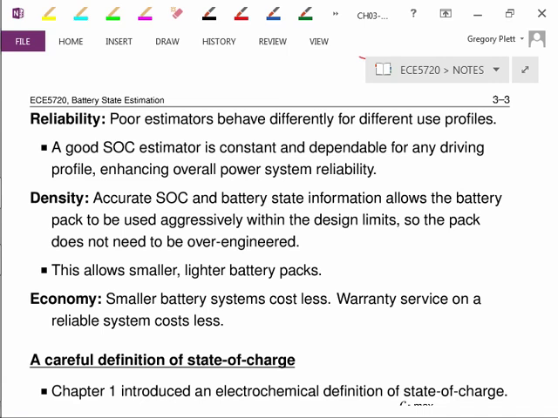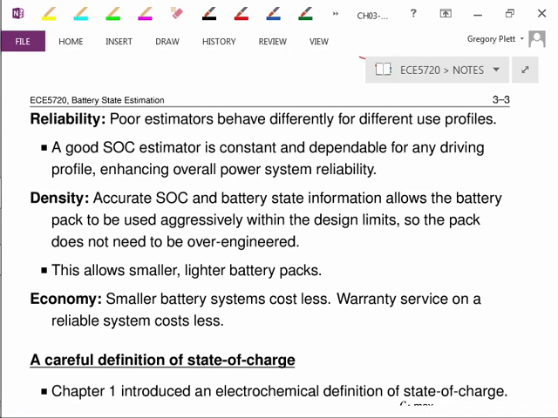Density is another way of looking at performance. Either I can get the full amount of performance out of the battery pack, which may be more than the spec for the battery pack demands, which is the first thing we looked at, but the density requirement looks at it the opposite way and says, well, if I've got a spec on my battery pack, and if I can use that entire SOC range with confidence, then I can make a small battery pack with no margin.